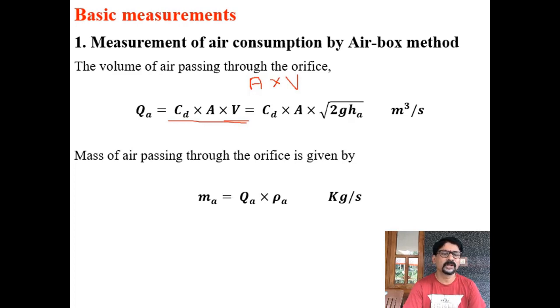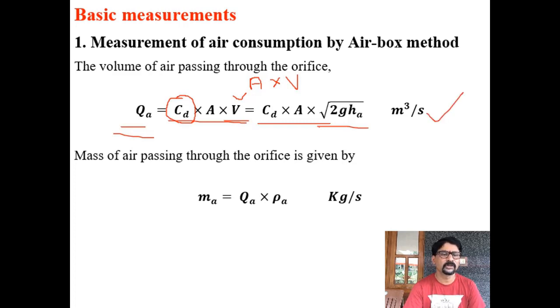But you know that you have a coefficient of discharge for the orifice, so you have to multiply by this CD to this A into V to get the actual volume of air passing through the orifice. And V, just now you calculated as square root of 2g HA. So QA, you can calculate it as CD into A into square root of 2g HA meter cube per second.